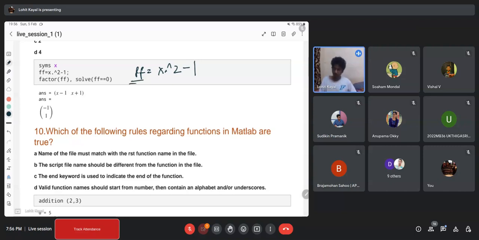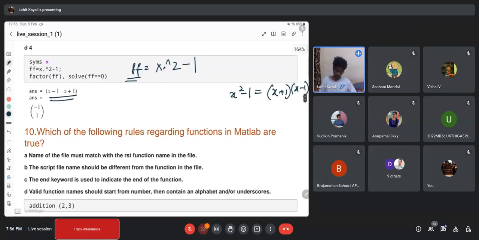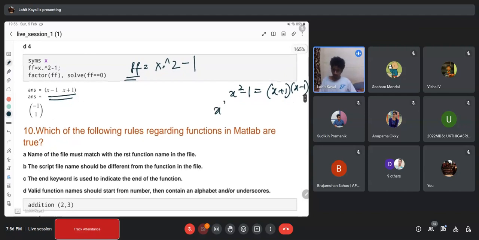Now the factor of f. If I have the function x square minus 1, how can we factorize it? It will be x plus 1 times x minus 1. Factor of f will give you this, right? And solve f double equal to 0 means x square minus 1 equal to 0. What is the solution of x square minus 1 equal to 0? It is plus minus 1, and MATLAB will give you this result.